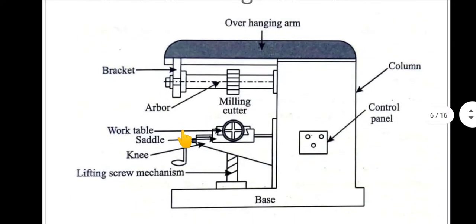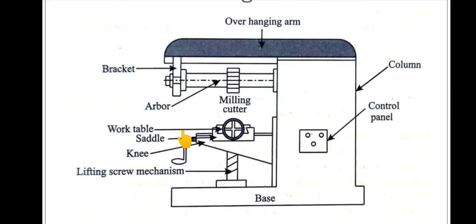So this is the horizontal milling machine. Why the names horizontal and vertical? It is based on the position of the spindle, where the milling cutter is mounted; we categorize the machines into horizontal and vertical milling machines. In the horizontal milling machine, the arbor is connected to the motor spindle and is placed horizontally, so this is called a horizontal milling machine.